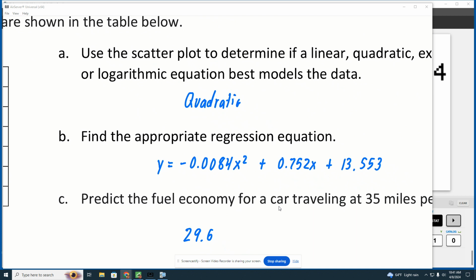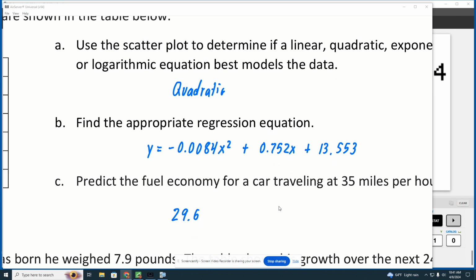It's very rare that our values would be different, but that first one, big difference in the way some of you may have rounded. If you got close to that, the predicted value for a car traveling at 35 miles per hour is 29.6. If you're not close to 29.6, it's just how you rounded differently.